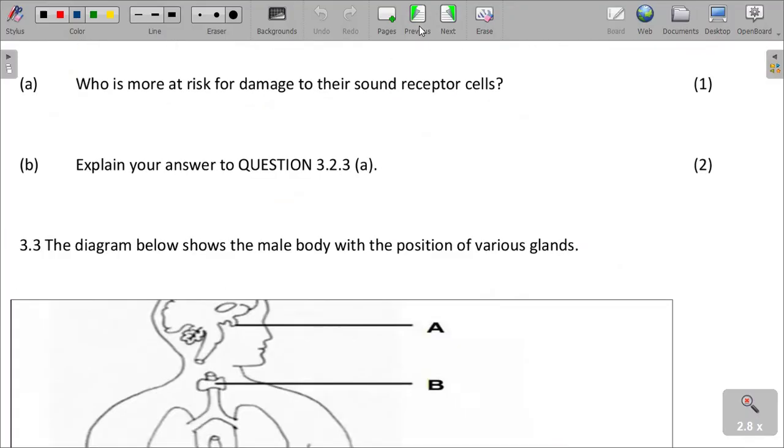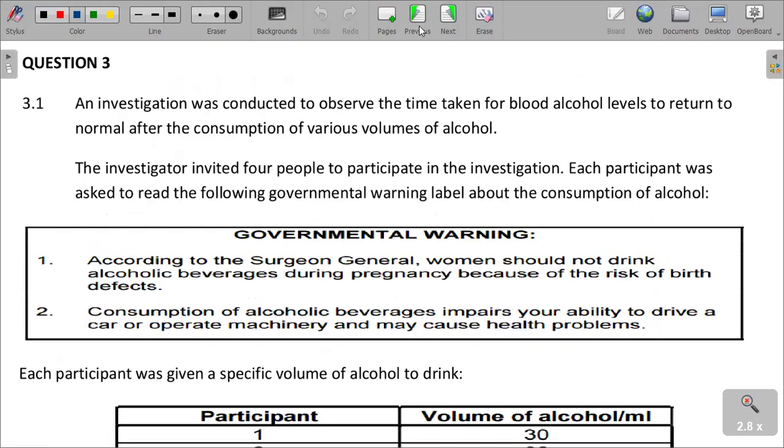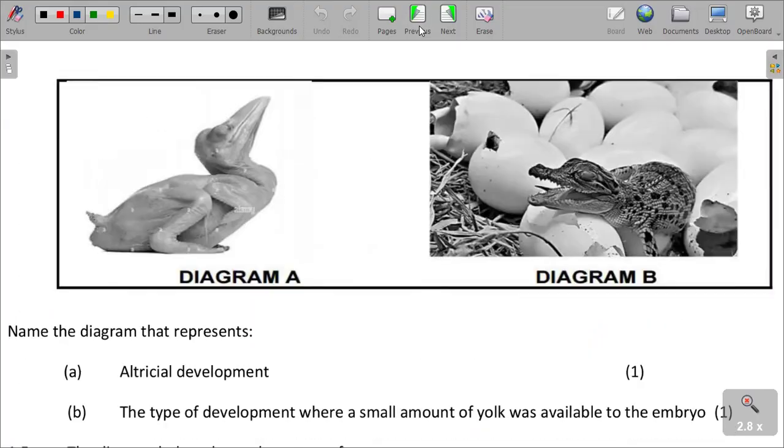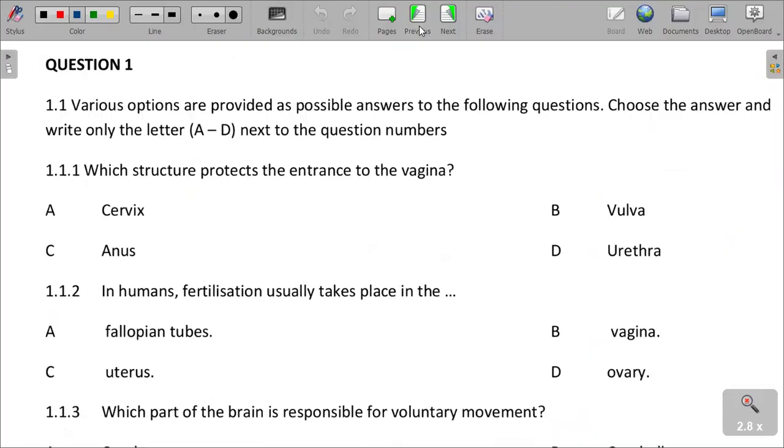Without wasting any time, I want us to go straight into the paper and see what we are supposed to answer and understand. Which structure protects the entrance to the vagina?